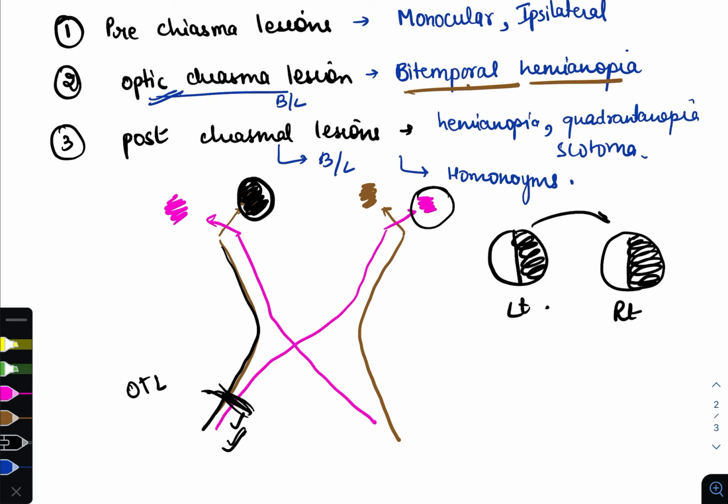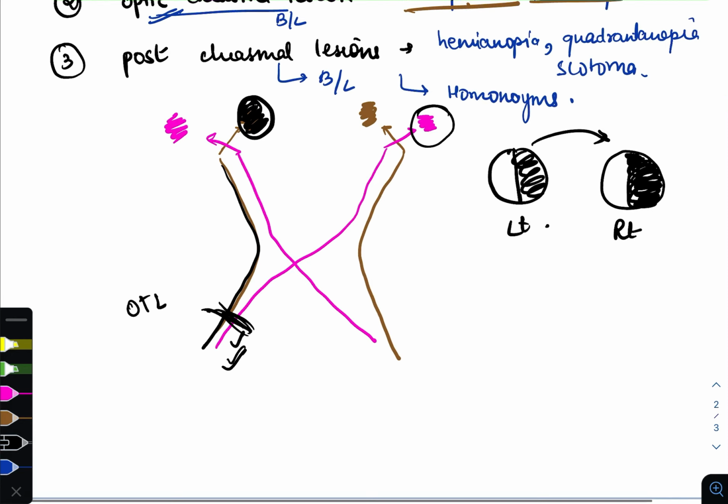It looks homonymous: if we put this eye on this one, both have the same area defective, meaning the same right side is affected. So this is homonymous. That's why if any lesion is present beyond the optic chiasma, there will be homonymous hemianopia.